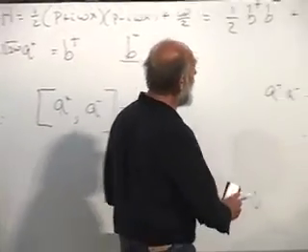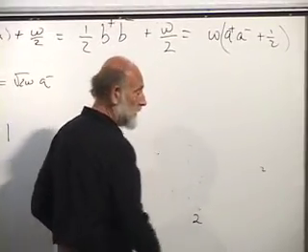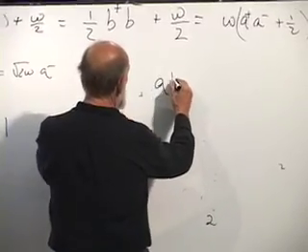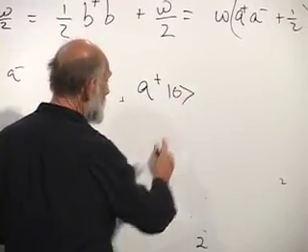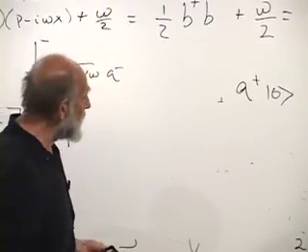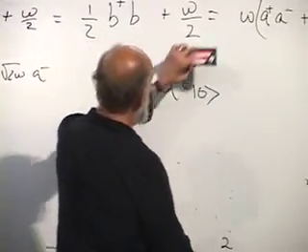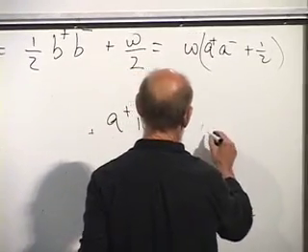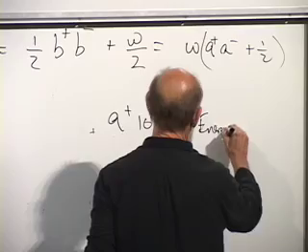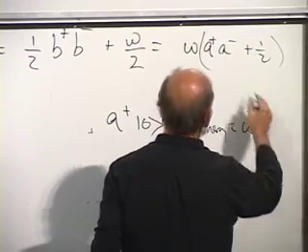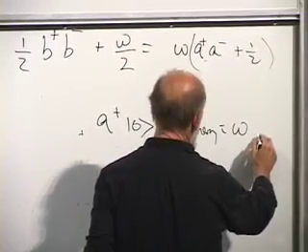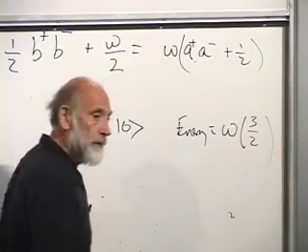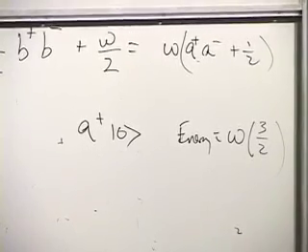We have found a second eigenvector of the Hamiltonian, which is A plus on 0. We'll figure out what its wave function is in a moment, but the energy associated with it is omega times 1 plus 1/2, which is 3/2 omega.